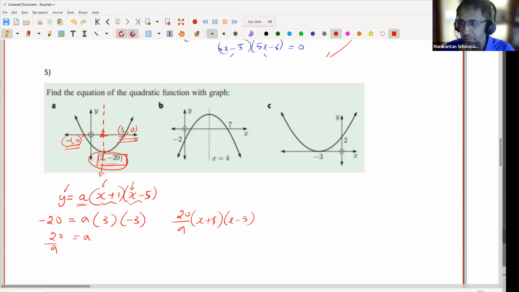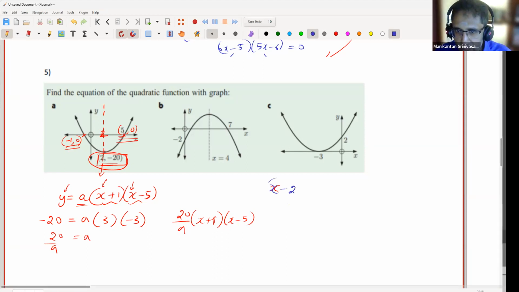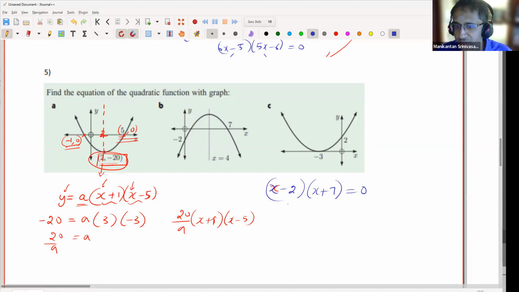Yeah. So why did you write positive 1 instead of minus 1, and negative 5 instead of positive 5? Let's take some other example. Suppose I have x minus 2 times x plus 7 equal to 0. What are the roots of this?